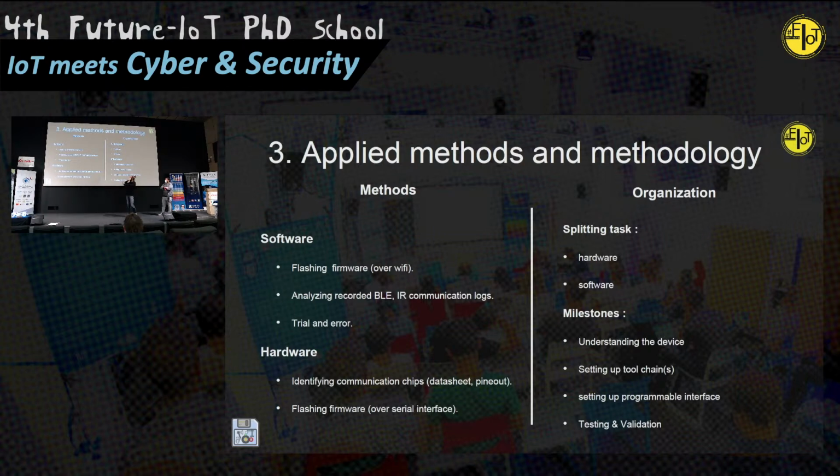So we present mostly the results with the IR. We had a lot of trials and some errors, some success. And of course, for the different hardwares, we needed to identify what hardware and what chips are there, to know how they function.